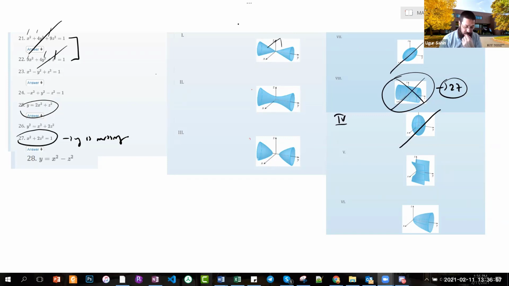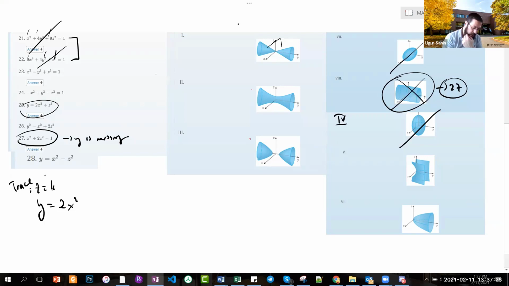Jake says this is 6. It's 6. Yes. Why? As you see, this is one of the paraboloids, and this sign is the plus. If you use your traces, look at 2x squared. Let me use, for example, z equal to k trace.